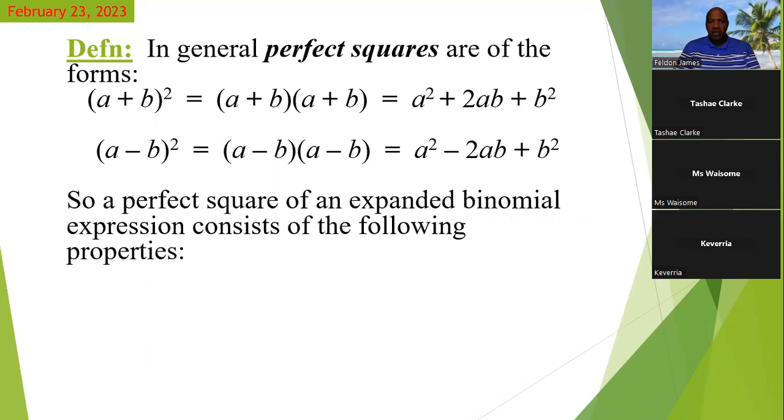And in order to do that, we have to look at these properties. And what are the properties we're looking for? In the expanded form, we're going to have the first term as a square term, the last term as a square term. Notice this one, first term is a square term, last term is a square term.